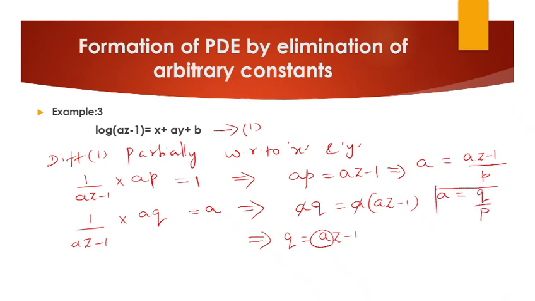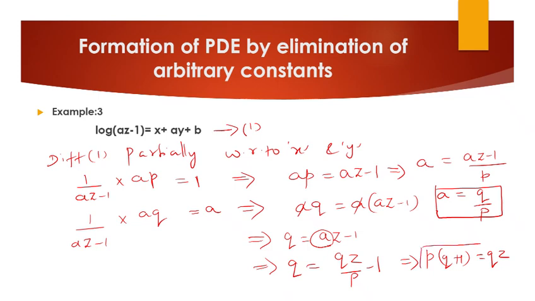Now using this substitution here, we are getting our resultant PDE, which is nothing but q z by p minus 1. Upon simplification, you can write this as p into (q plus 1) is equal to qz. So this is our resultant partial differential equation.